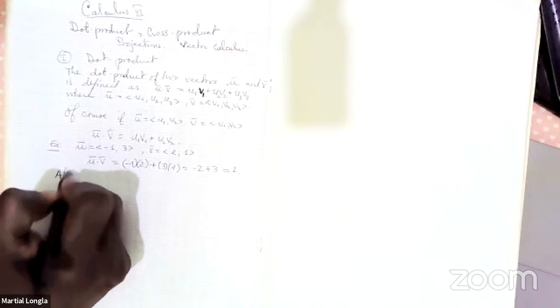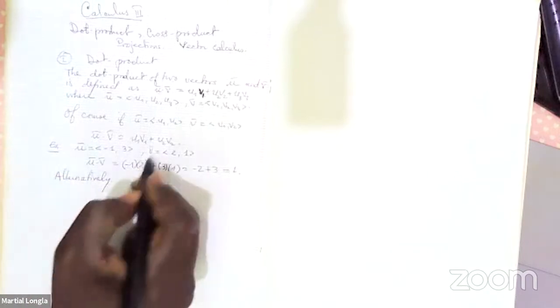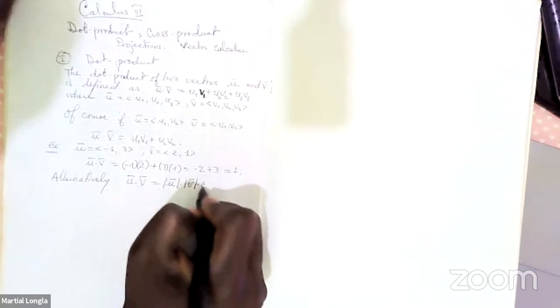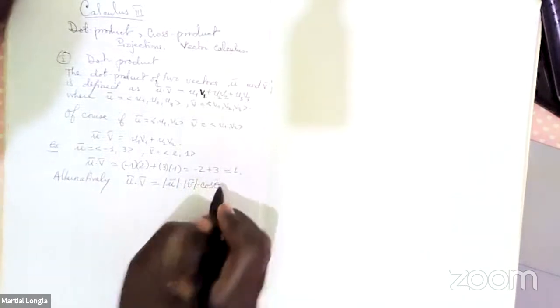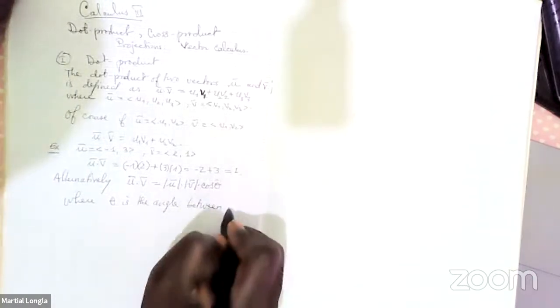So alternatively, u dot v is nothing but magnitude of u times magnitude of v times the cosine of theta, where theta is the angle between u and v.